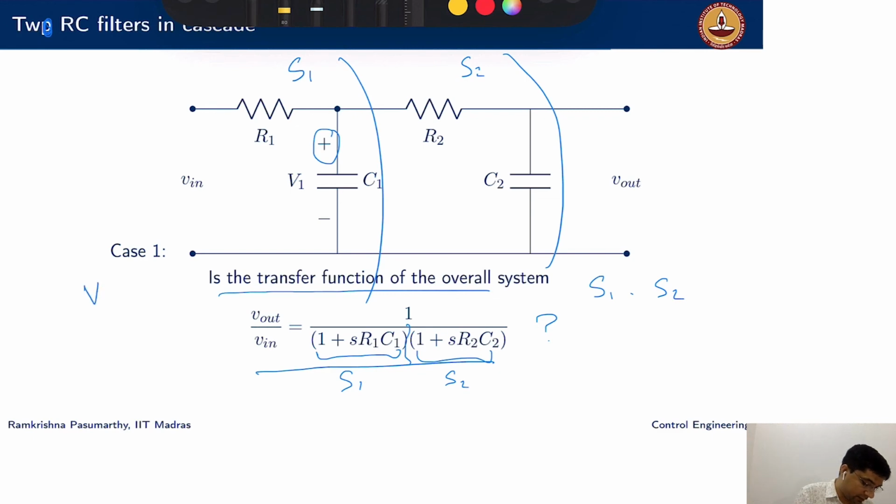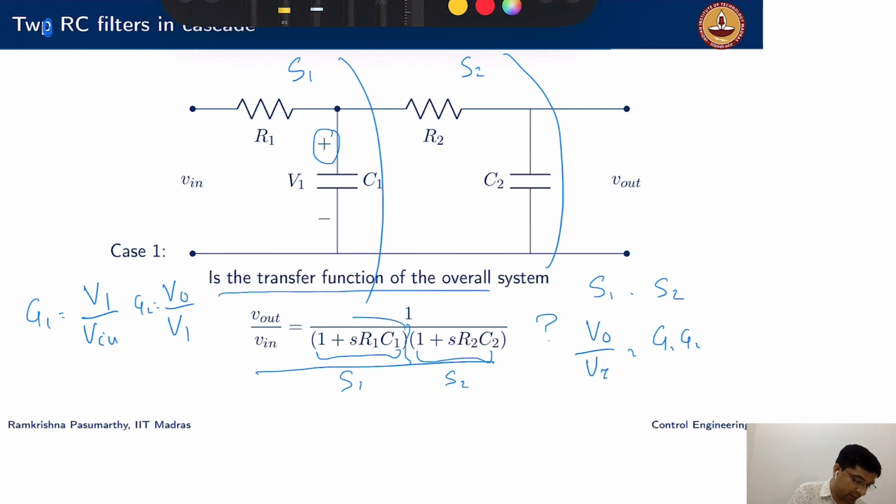I look at V1 by V in as one system and VO by V1 as the second system. If I call these G1 and G2, overall VO by VI will be equal to G1 G2.